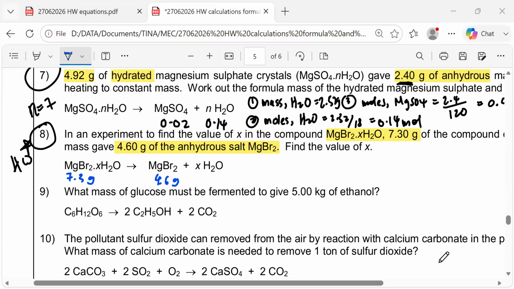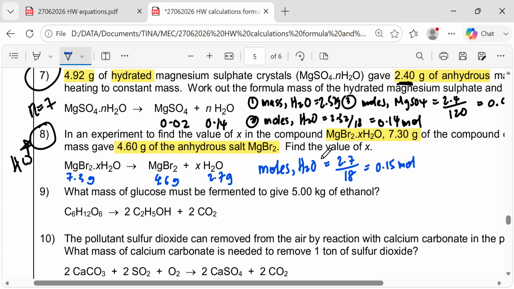So the mass of water you just minus. Okay, so it's 2.7 grams. Correct? Okay. So the first thing you do is you find the amount of moles of water. Mass over molar mass. So you get 0.15 mole. That's of water.